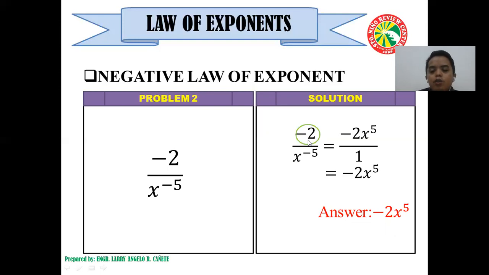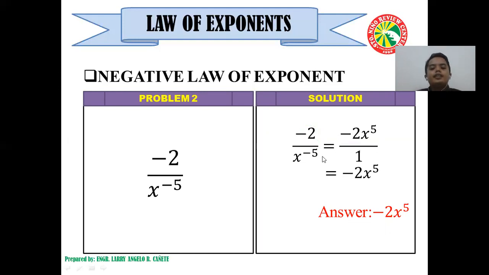You can do moving of a variable if the exponent is negative. But if the constant value is negative, then you cannot move it from up to down or from down to up. So that is why negative 2 will remain as constant negative 2.